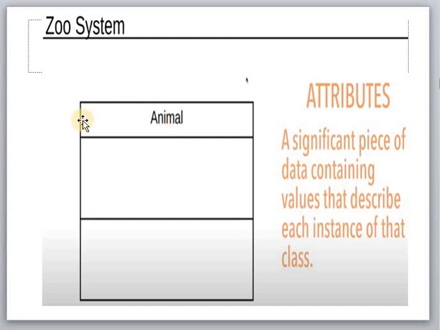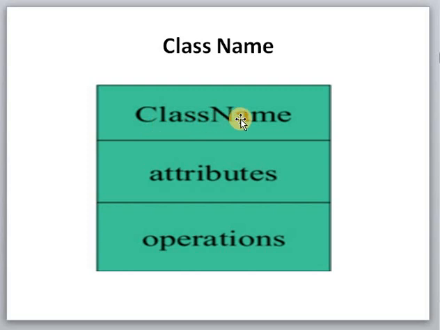So, in order to represent a class, we need this rectangle with the 3 partitions. In the first partition, we will represent the name of the class. In the second partition, we will represent the attributes of this class, and in the third partition, we will represent the basic methods of this class. The class name, the set of attributes, and the set of operations or methods will be described under these sections of a class.